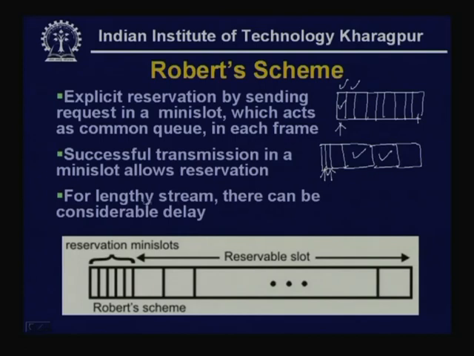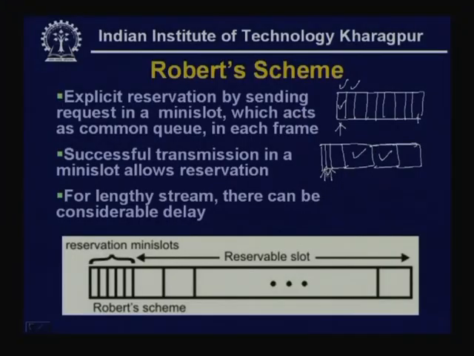Now, for a lengthy stream there can be considerable delay. Why can there be considerable delay? Because we find that in this case each station has to explicitly book for sending a frame, and each time it has to be done. So, for each frame explicit booking is necessary.